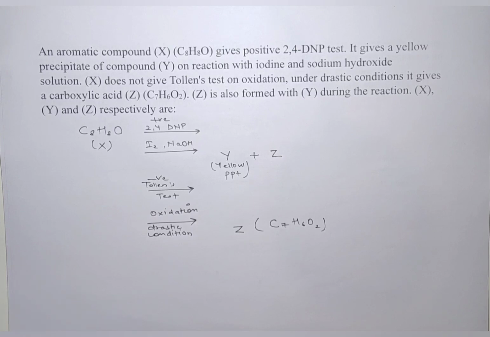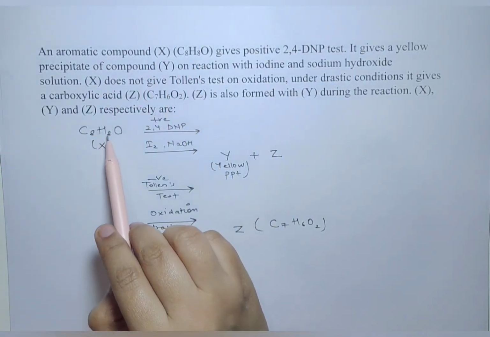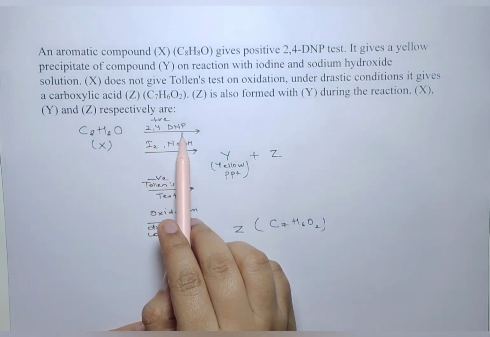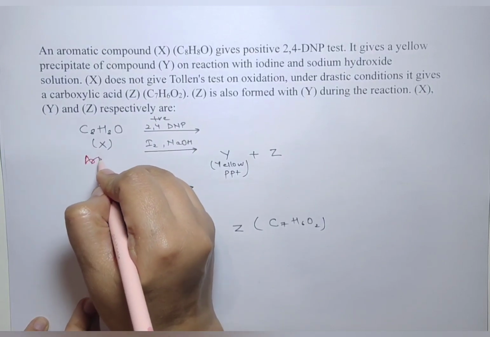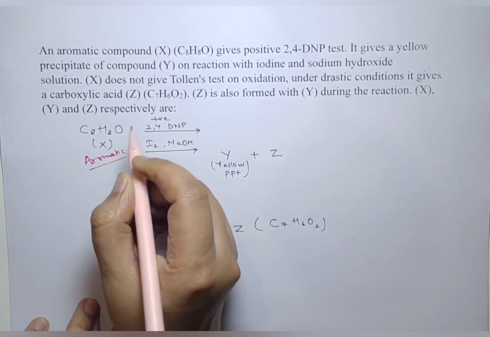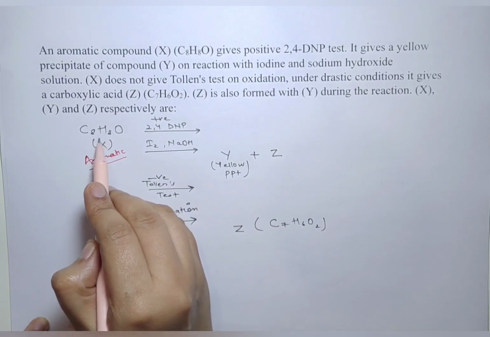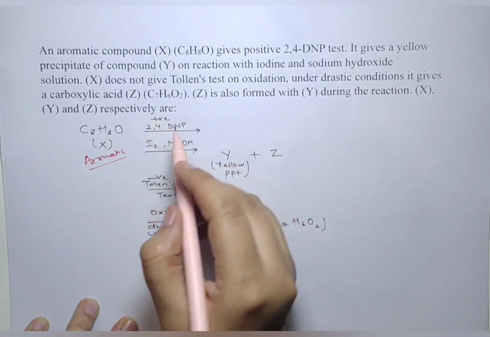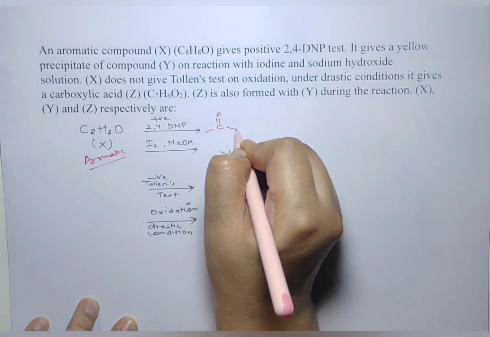Now our next question is: an aromatic compound X with formula C8H8O gives a positive 2,4-DNP test. First off, it's an aromatic compound, which we can also figure out because the carbon number is more than 6 and the number of hydrogens is almost the same as that of carbon. The 2,4-DNP test is positive, that means it has a carbonyl group.